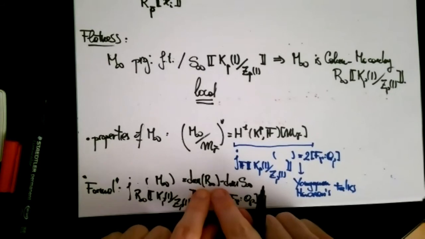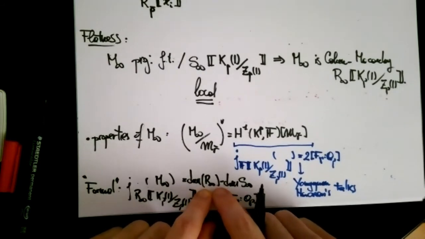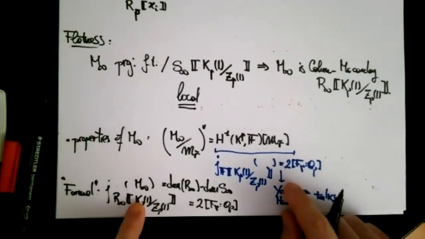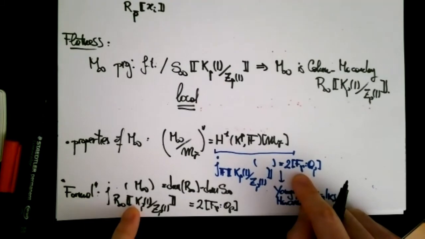Because of the properties from integral p-adic theory, we know the dimension of the local Galois deformation ring. And so these two quantities are equal.